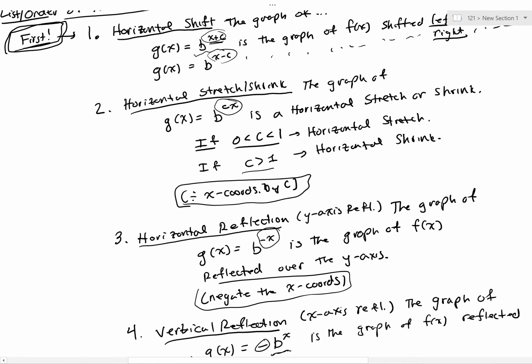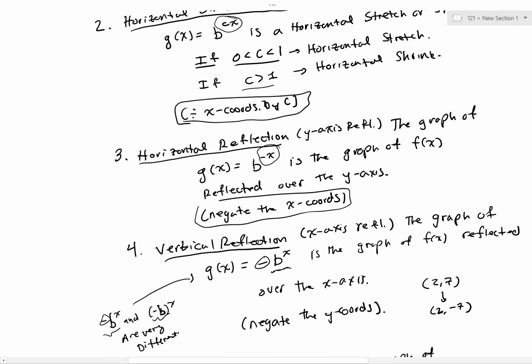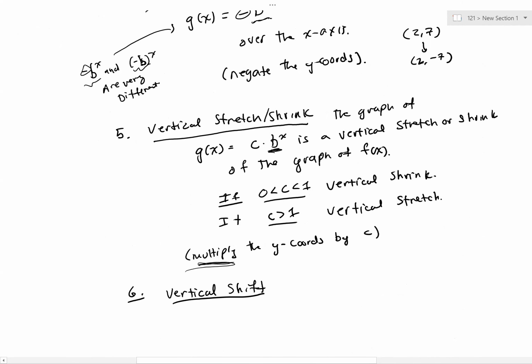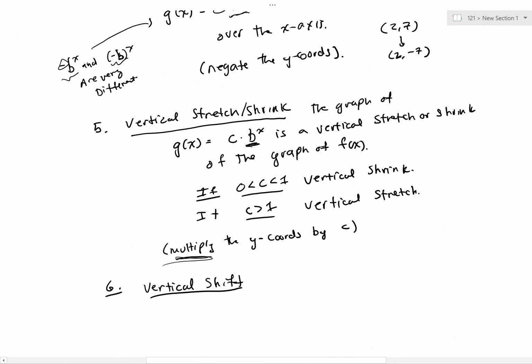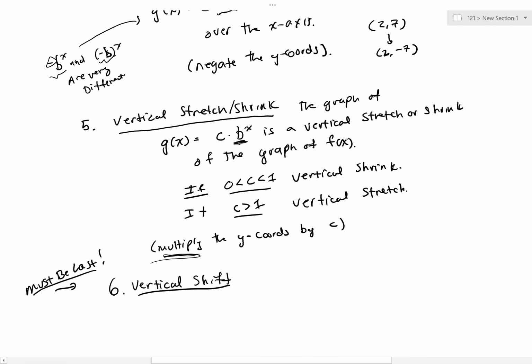I would think it's good to go in some logical order, right? So looking at them in kind of an inside-out approach, then just applying things as you see them. But numbers 2 through 5, you can do in any order, but the vertical shift must be last. So the horizontal shift is first, the vertical shift is last.